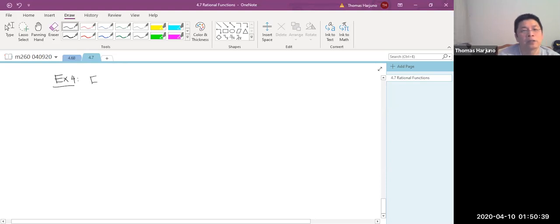Let's say, for example, R(x) equals, let me do 2x cubed plus 5x. You know what? No. Change it, make it easier: 2x squared plus 5x minus 4, over x plus 2.